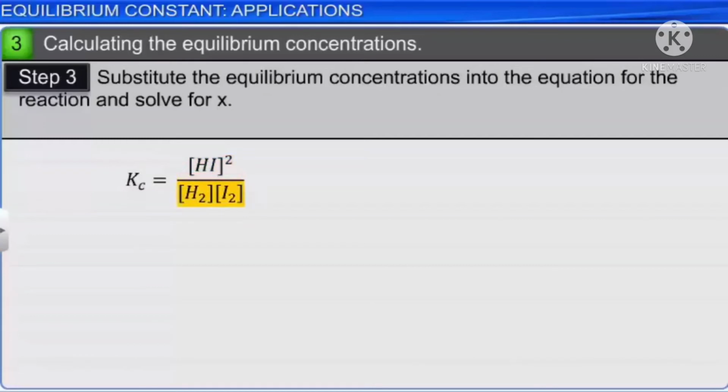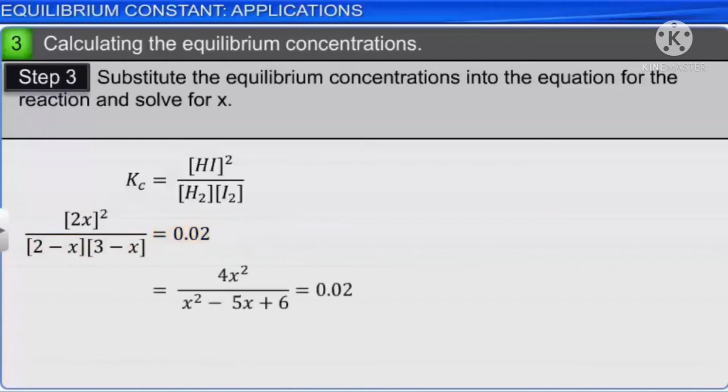On substituting the equilibrium concentrations and the value of the equilibrium constant, we get (2x) squared divided by (2 minus x) multiplied by (3 minus x) is equal to 0.02. This is equal to 4x squared divided by x squared minus 5x plus 6.